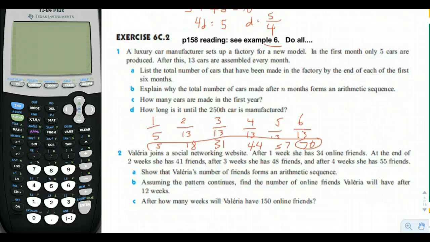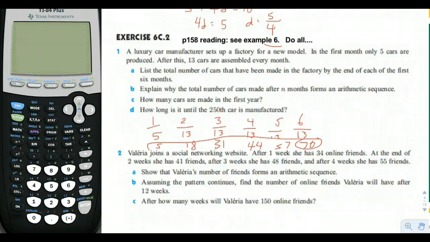Explain why the total number of cars made after n months forms an arithmetic sequence. Well, if you look at this, arithmetic sequence means that the difference between each of the neighboring numbers is the same number, and in this case we can see that the difference between two neighboring numbers is always 13, so that's why.